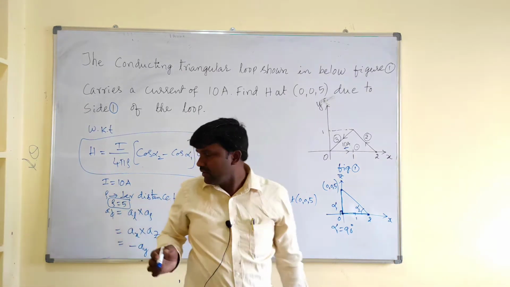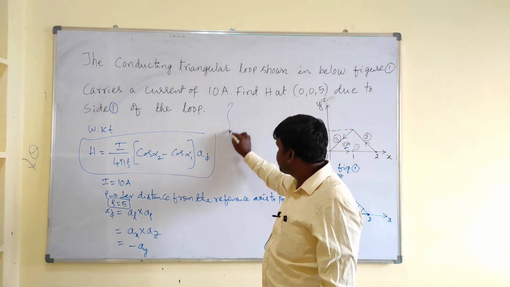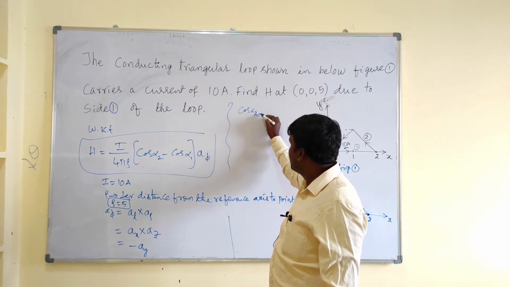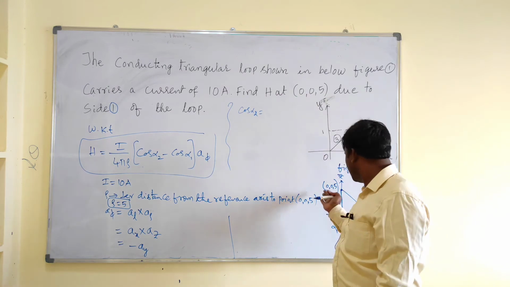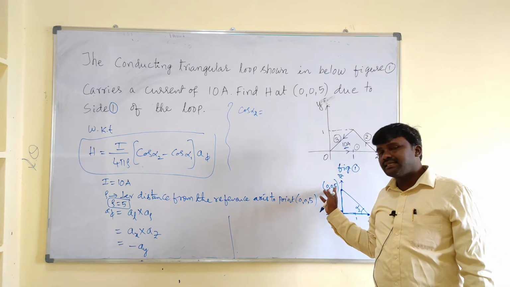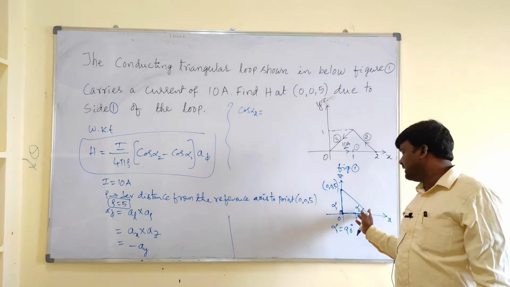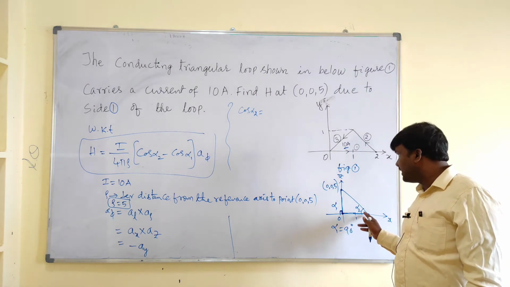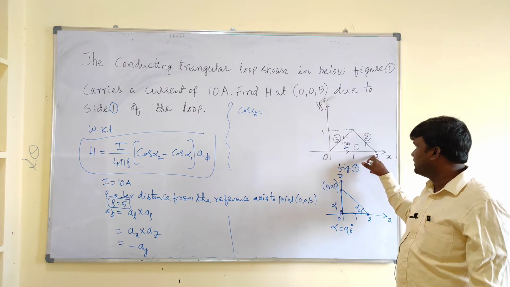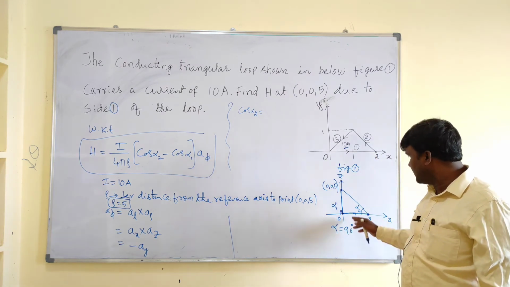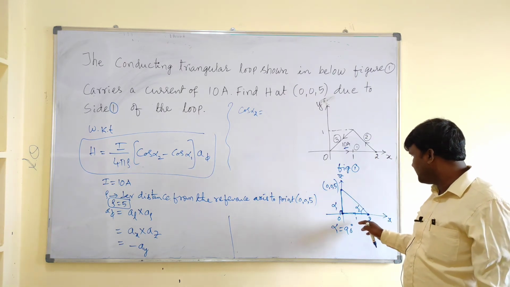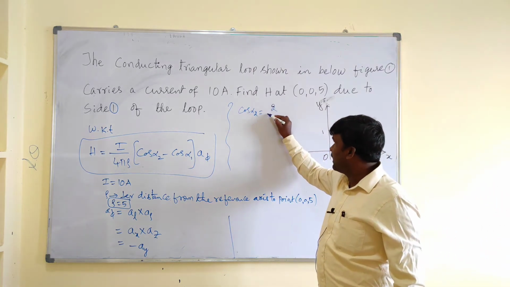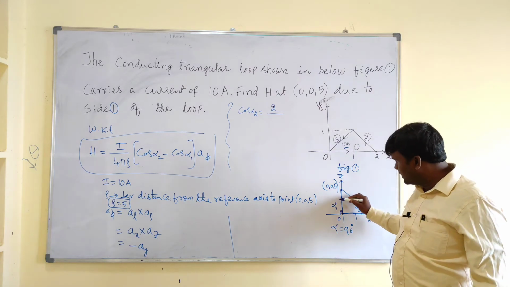From the diagram we can find cos alpha 2. What is cos alpha 2? It is the angle subtended by the point of interest with the terminating end of the line. Side 1 is terminated at x equal to 2. So cos alpha 2 is adjacent over hypotenuse. The adjacent distance is 2, and the perpendicular distance is 5.